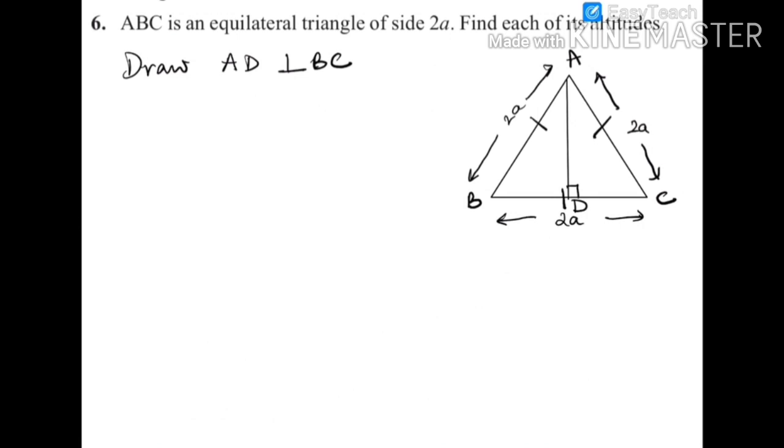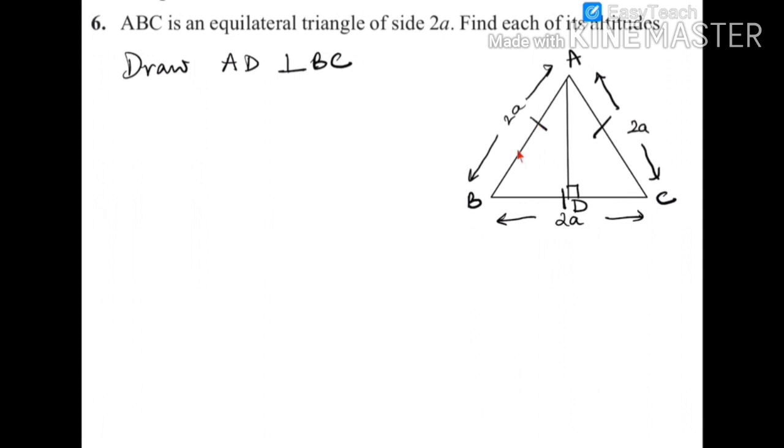So in an equilateral triangle, altitude can also be called as a median. So point D is the midpoint such that BD is equal to DC. And you can show this by proving these two triangles congruent. However, it's not required here because this is something that we have to know.